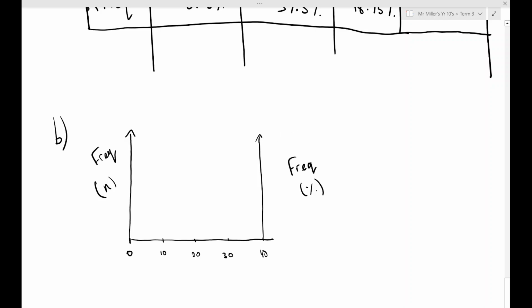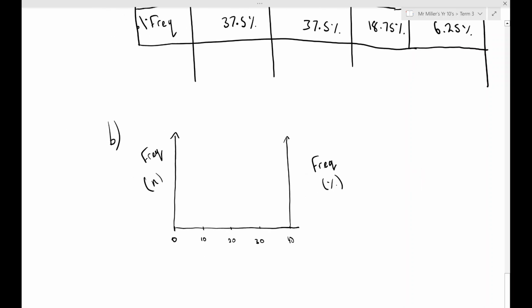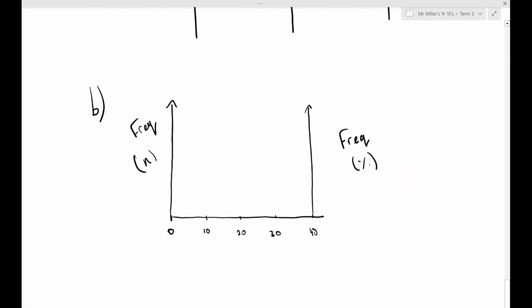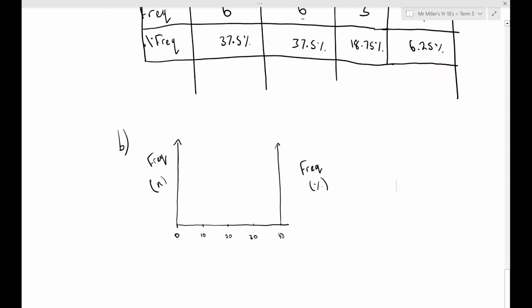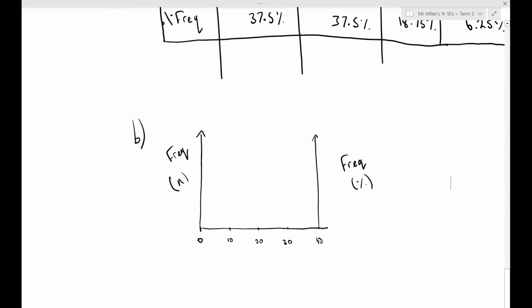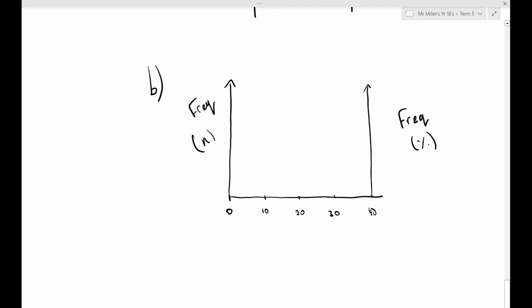Okay, so I'll set up my graph a bit like this, and then on the left hand side we'll go up in frequency 1, 2, 3, 4, 5, 6, that'll work.